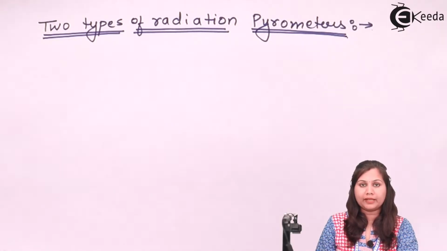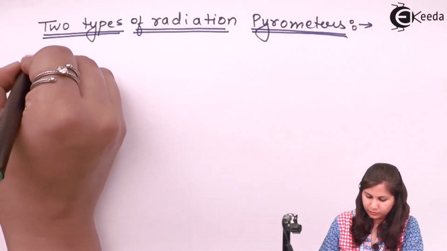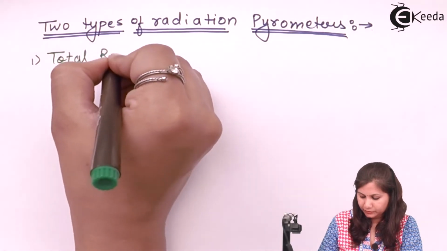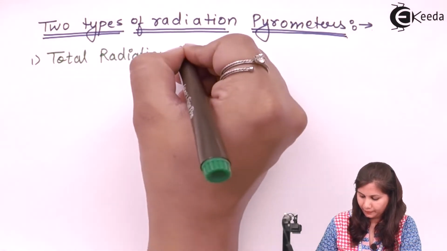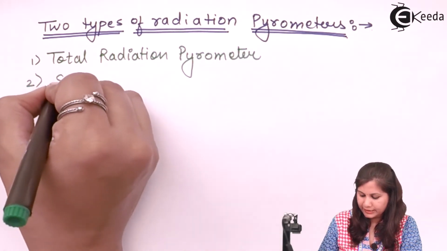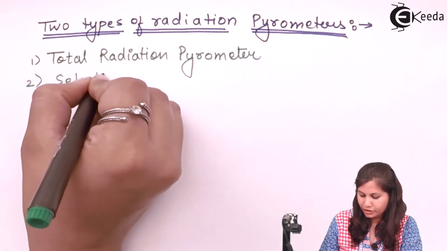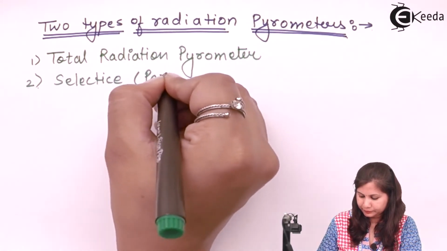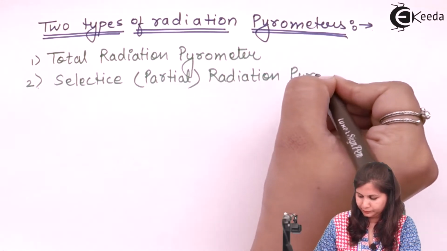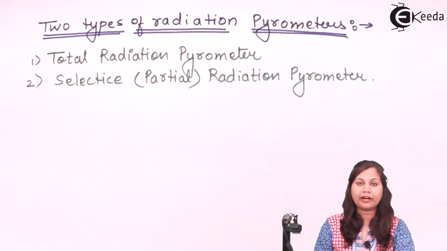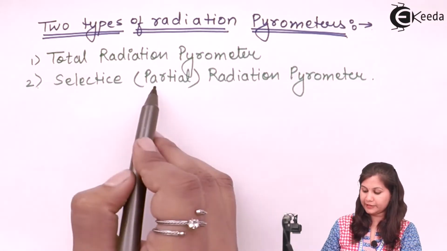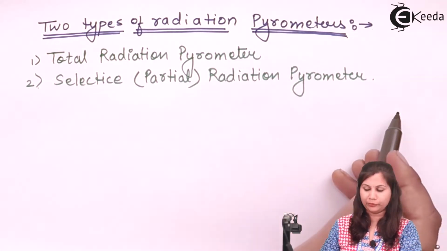The first type is the total radiation pyrometer, and the second type is the selective or partial radiation pyrometer. So there are two types of radiation pyrometers: total radiation pyrometer and selective or partial radiation pyrometer.